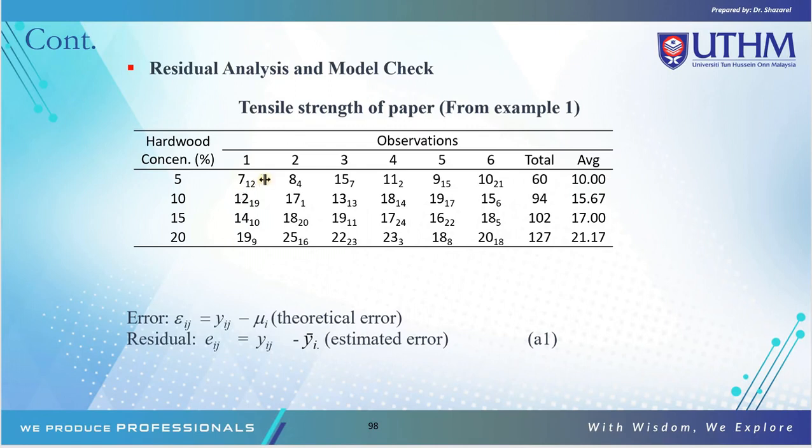Now for each data observation, we compute the residual, which means the observation minus the average of the respective level. So 7 minus 10, and then 8 minus 10, and so on. Then for the second level, 12 minus 15.67, until we finish all 24 observations.